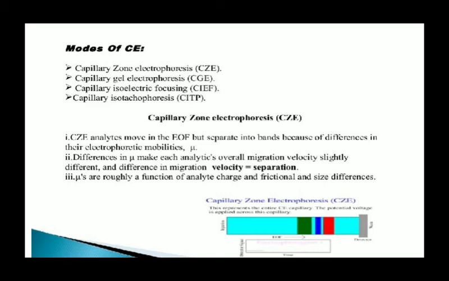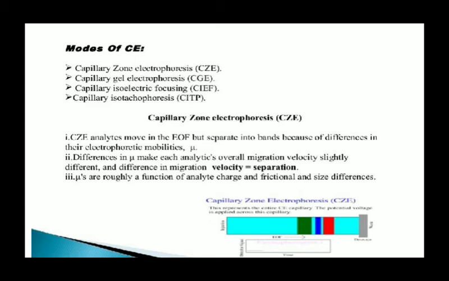Differences in mu make each analyte's overall migration velocity slightly different, and the difference in migration velocity equals the separation, roughly a function of analyte charge, frictional and size differences. What it means is the separation is based on the difference in electrophoretic mobility.